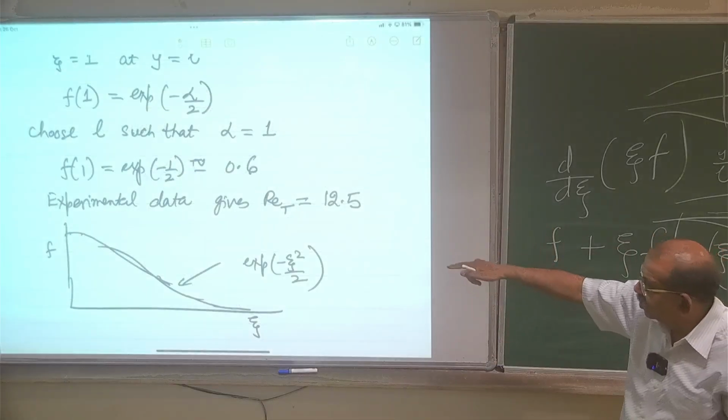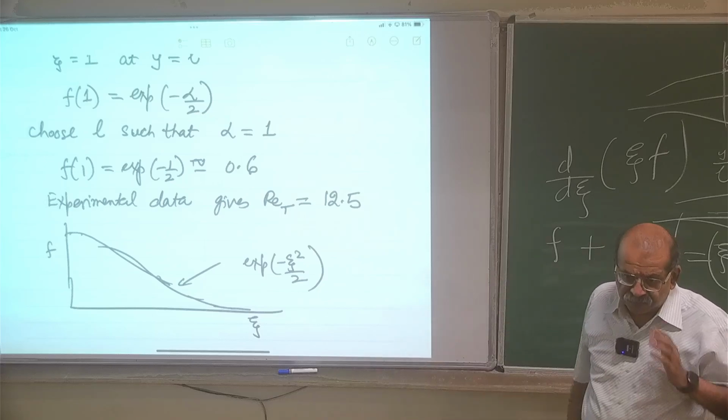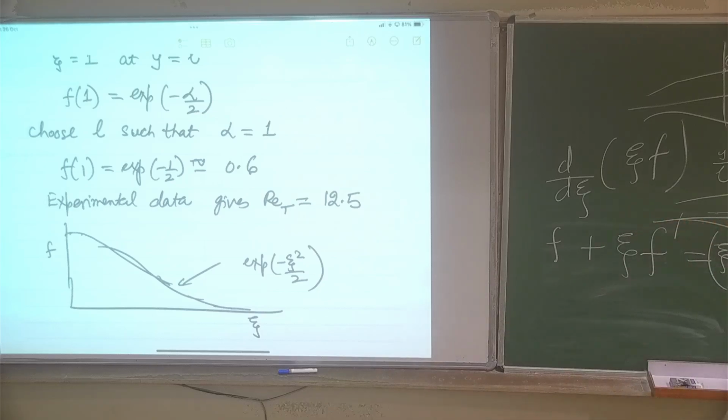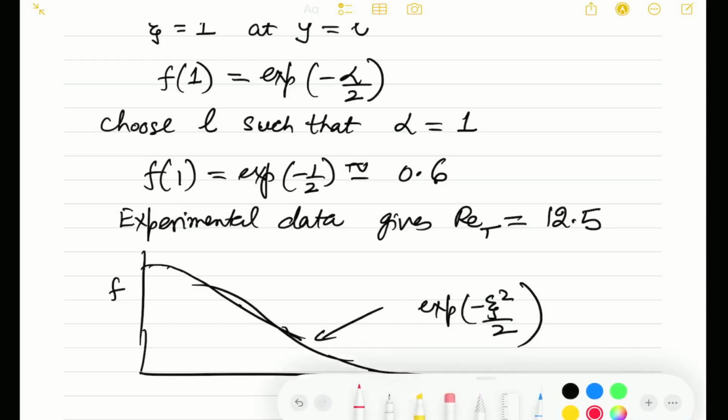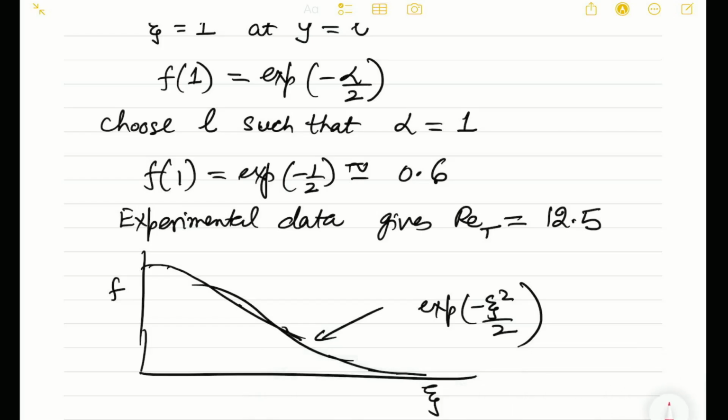This is the theoretical graph. Now experimentally, this red line shows experimental data.